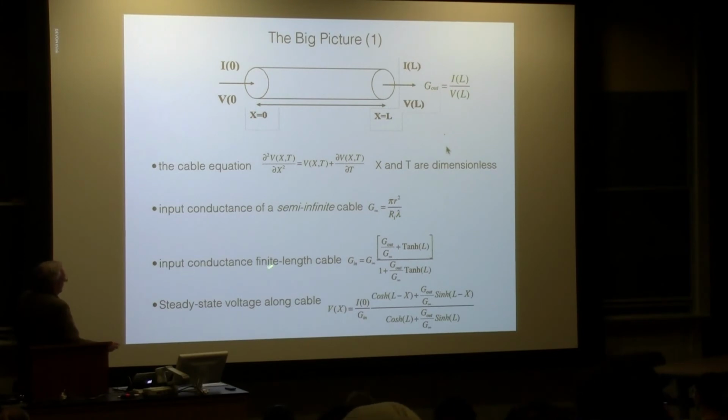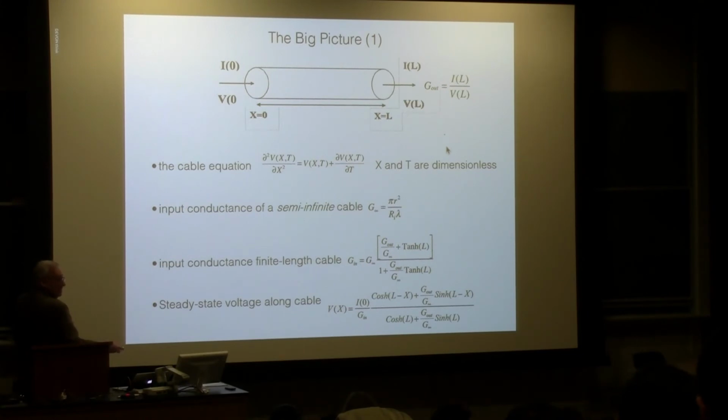Now, what about the input conductance of not a semi-infinite version of this cable, but the finite length version? We'll haul it back from infinity and make it have length capital L. Well, this is the input conductance of such a cable. And it's expressed in terms of the G out, the G infinity, and the dimensionless length of the cable, and we'll derive this relationship.